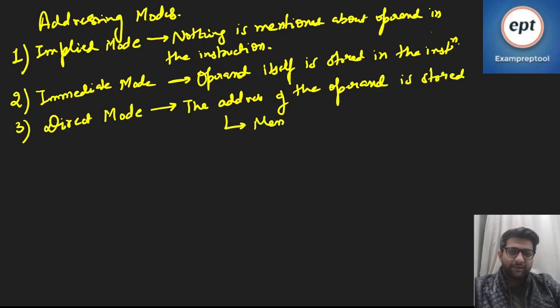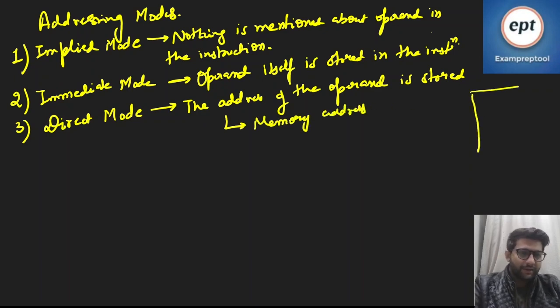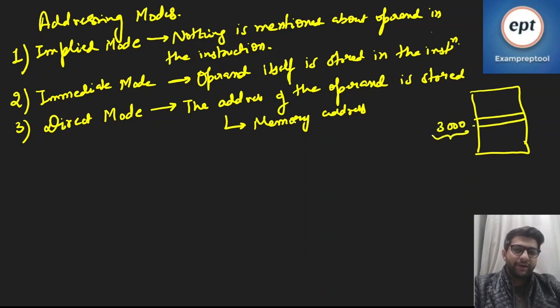The memory address. So let's say if this is our memory and our operand is stored at, let's say, memory location 3000. So this 3000 value will be present inside the instruction, and the value will be stored at this particular memory location.